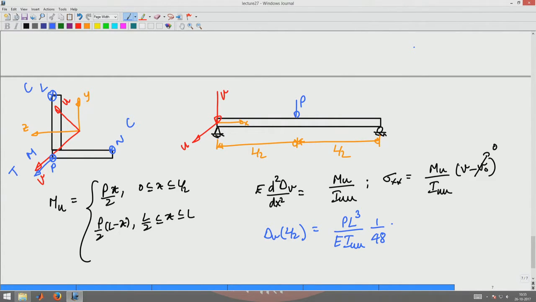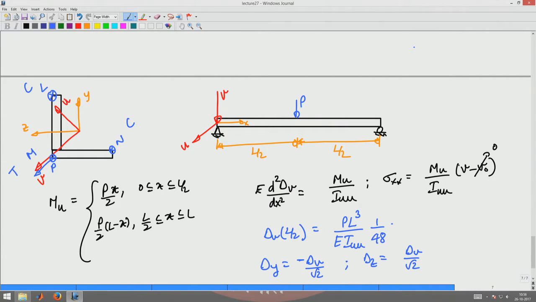Since this displacement is not along y or z, in this case also there will be a y and z displacement. Delta y would be delta V by root 2 with a negative sign, and delta z would be delta V by root 2, again resolving the V displacement to y and z directions.